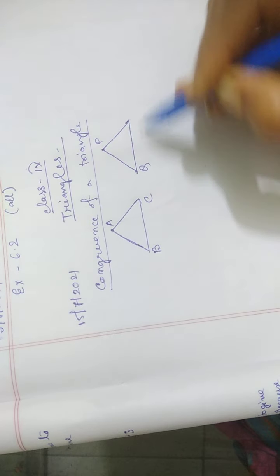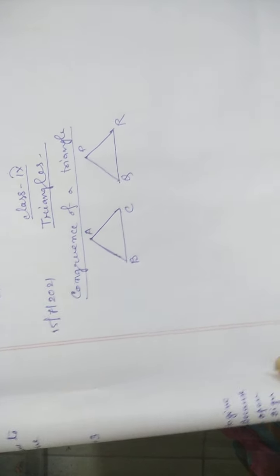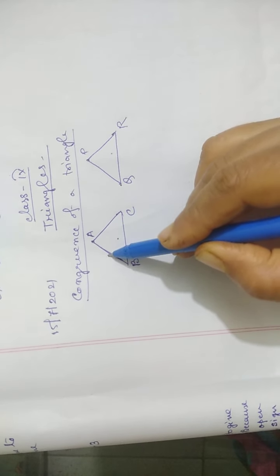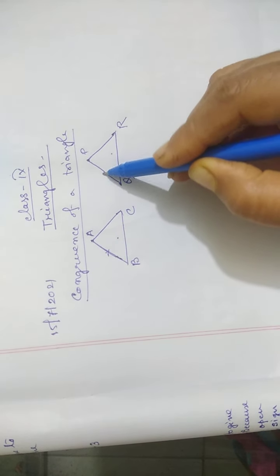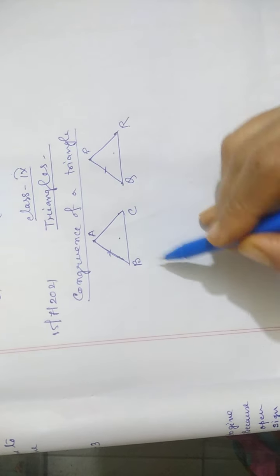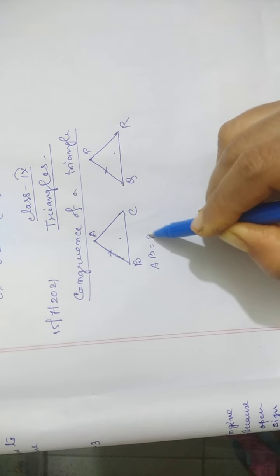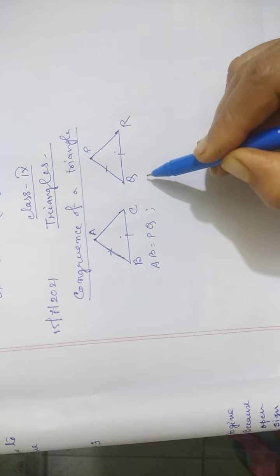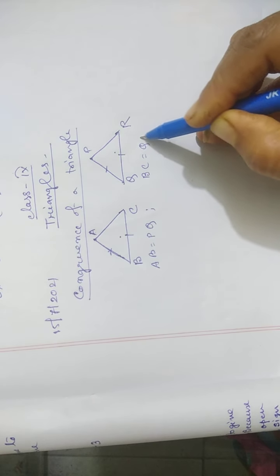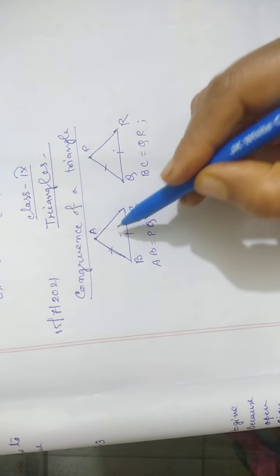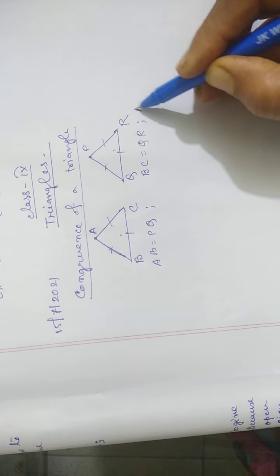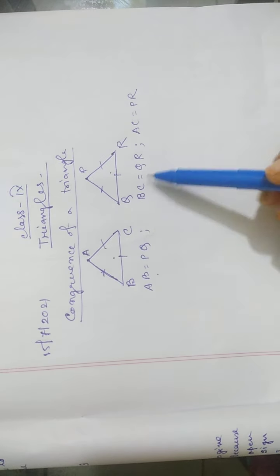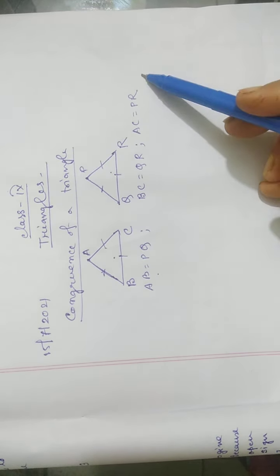are congruent. Now see, when these two triangles are congruent, if this side is equal to this side, that means AB equal to PQ. Okay, then BC equal to QR, and if you find AC equal to PR, okay, that means three corresponding sides are equal.